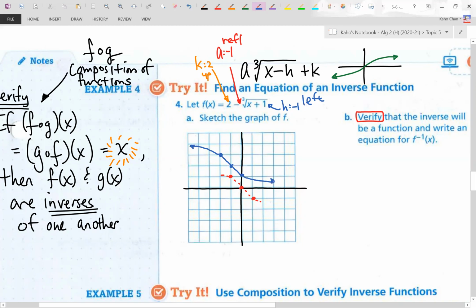The mirror image of this, or the inverse, they don't ask us to do it, we're going to do it just for fun, should be a mirror image along this dashed orange line. Those 3 blue dots for the original function, those x values should be swapped with the y values. So that first dot on the left, -2, 3, goes to 3, -2.